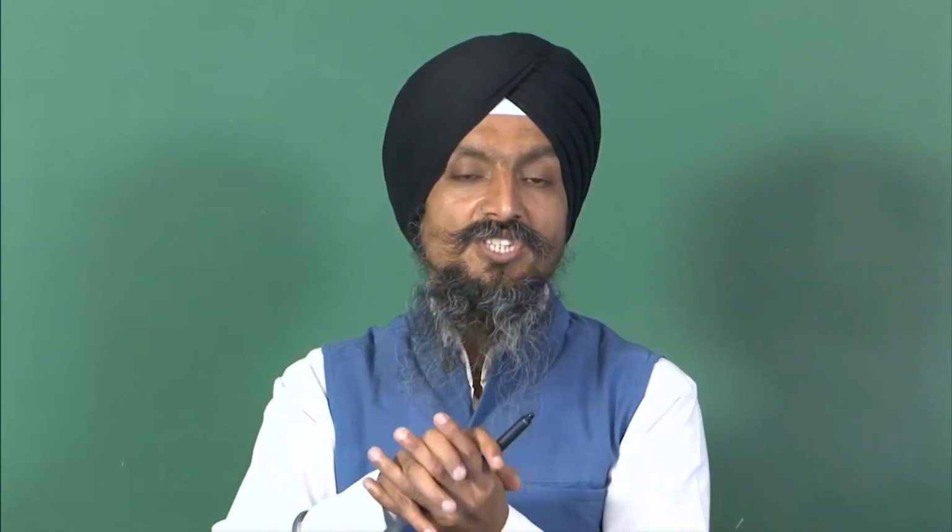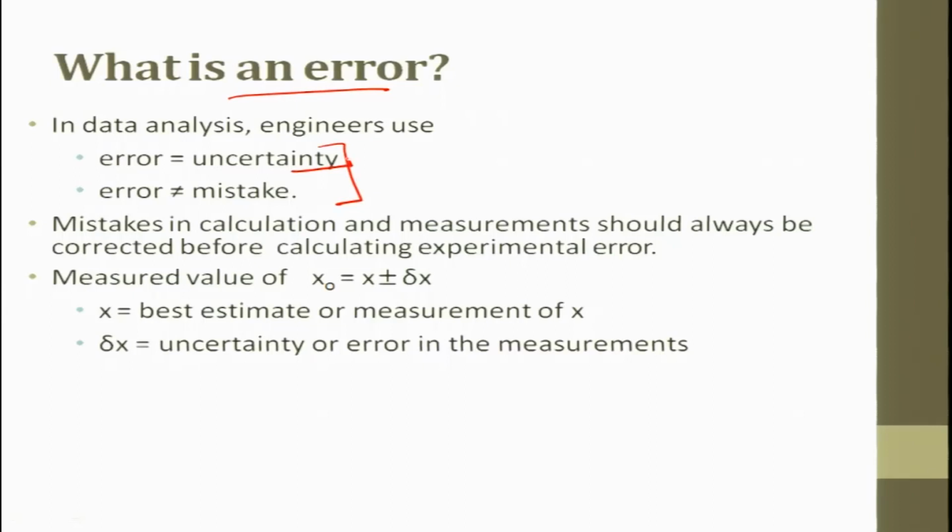So if we are going to generate data on which we have to apply statistical analysis, it is important that the data is as accurate as possible. So error is equal to the uncertainty that we are working on.